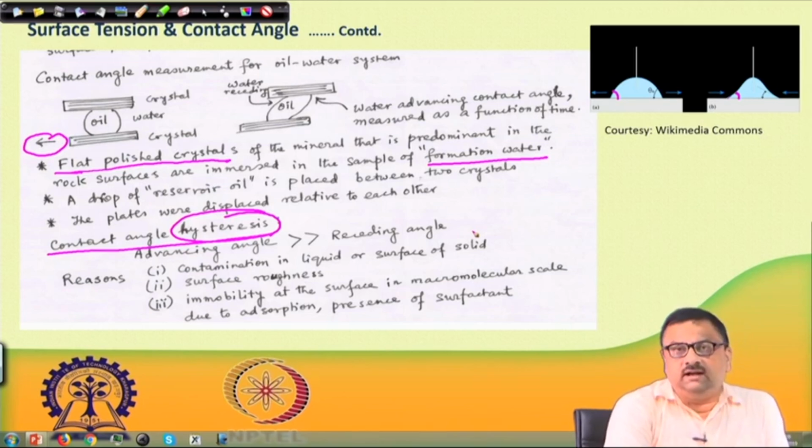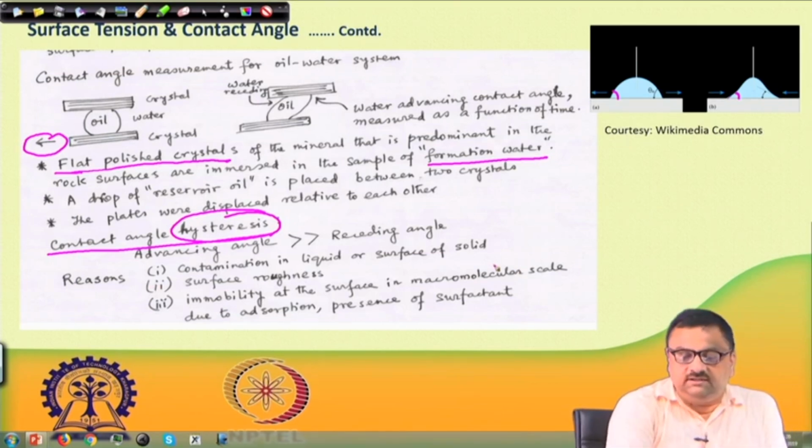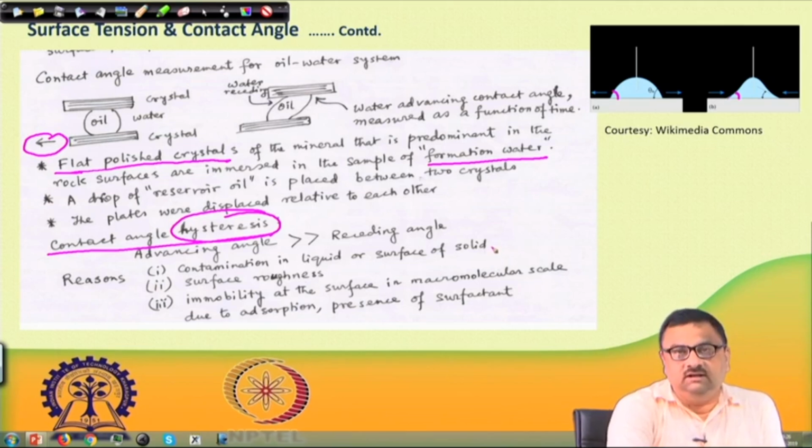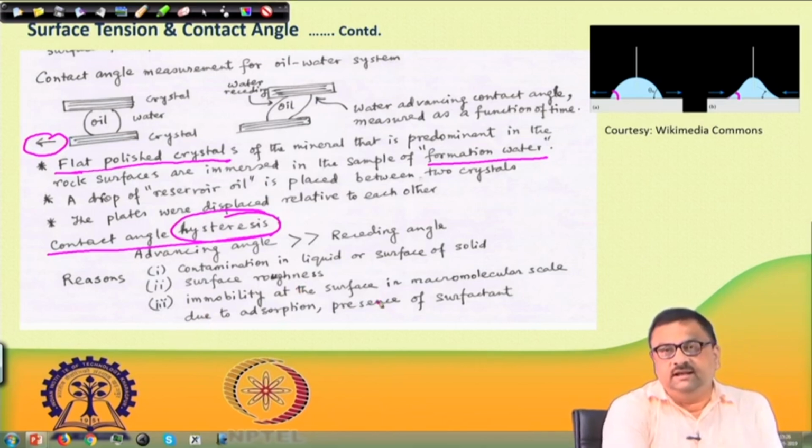So, contact angle depends on the history of how the contact angle is created. The reasons for this hysteresis are: number 1, contamination in the liquid or on the surface of the solid; number 2, surface roughness; number 3, immobility at the surface in macromolecular scale due to adsorption or the presence of surfactant.